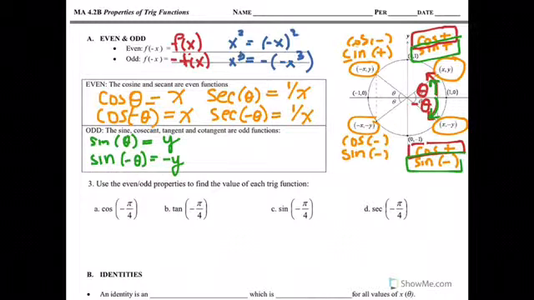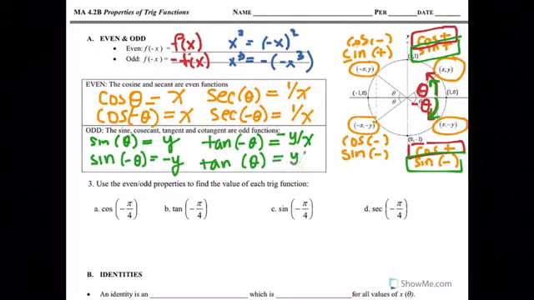The same is true for the cosecant, the reciprocal of the sine, and for the tangent and the cotangent. When you plug in a negative angle, you get a negative output. So that is what we mean by even and odd.